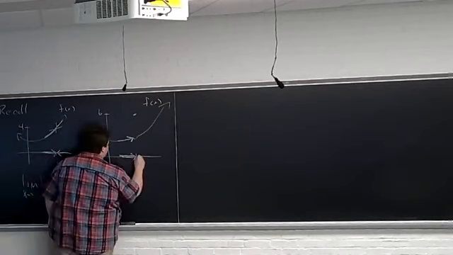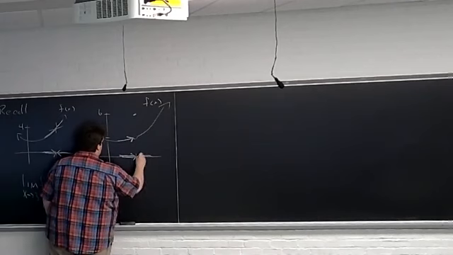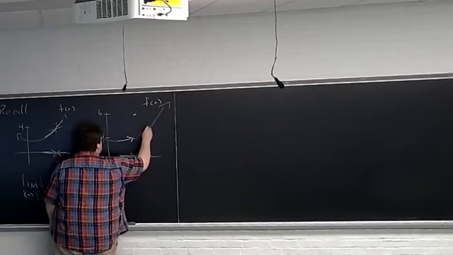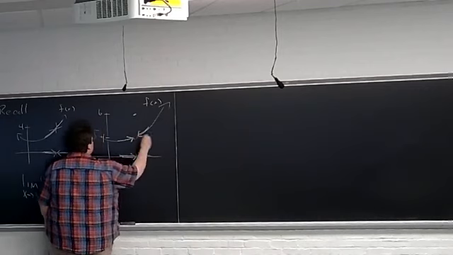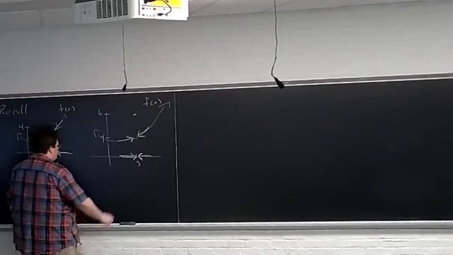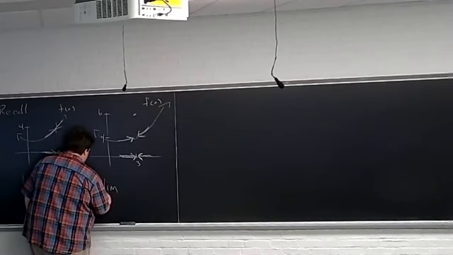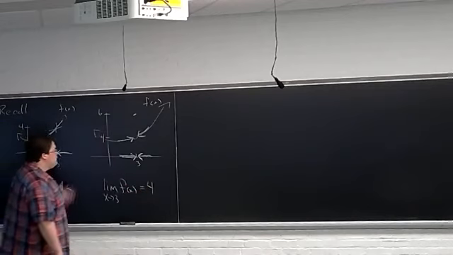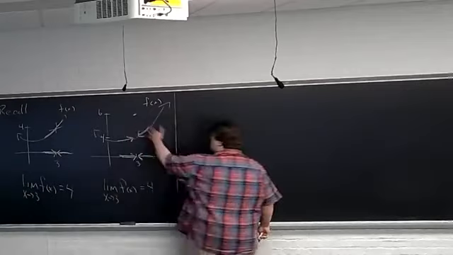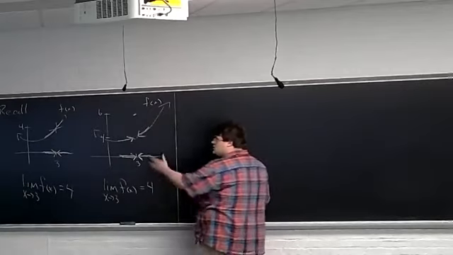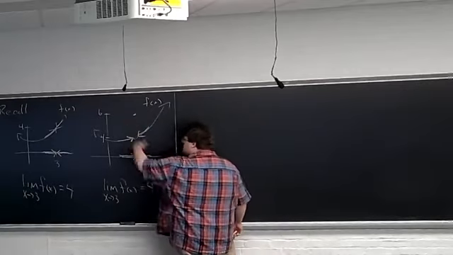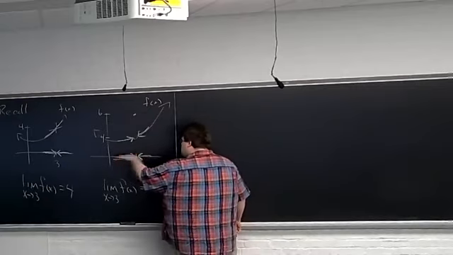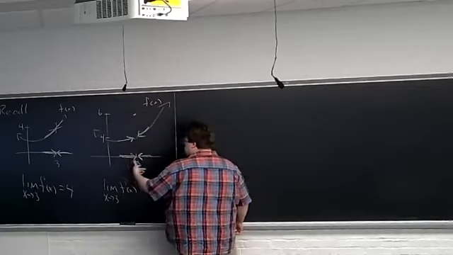And on the right of 3, the y values also approached 4. So in this second case, we had that the limit as x approached 3 of our function is also 4. The limit is 4, even though f of 3 doesn't equal 4. F of 3 is up here, it equals 6. But the limit cares only about what happens close to 3.